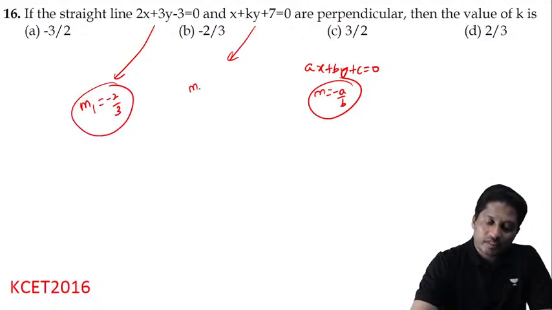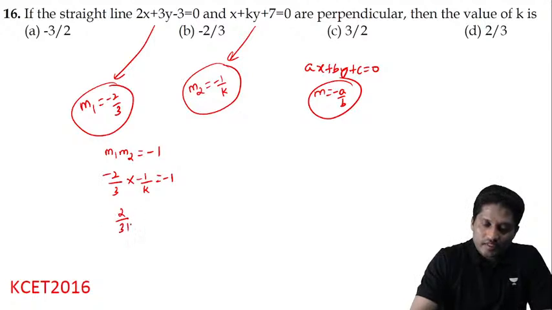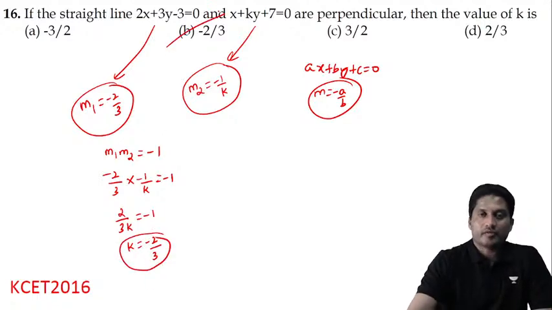And slope of this line is minus 1 by k. m1 into m2 is equal to minus 1, so minus 2 by 3 times minus 1 by k is equal to minus 1. 2 by 3k is equal to minus 1, k is equal to minus 2 by 3. Answer is option B. Right, let's move to the next question.